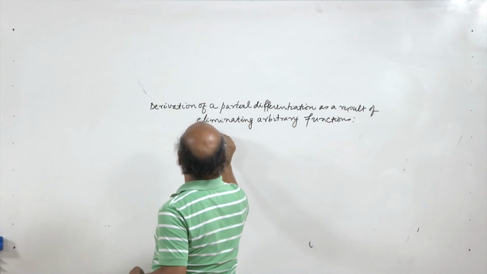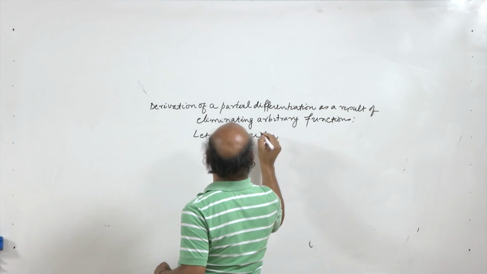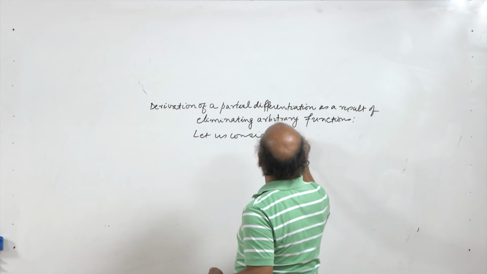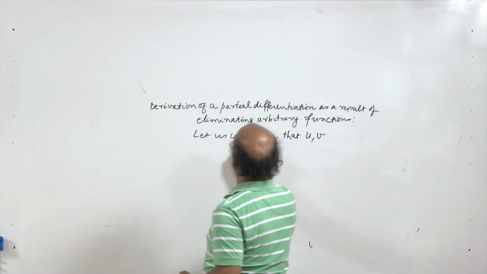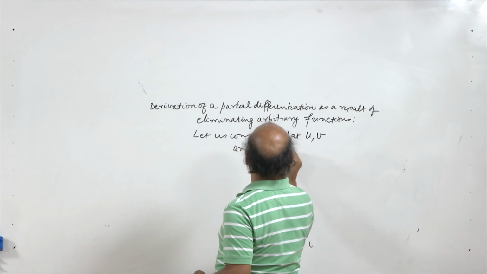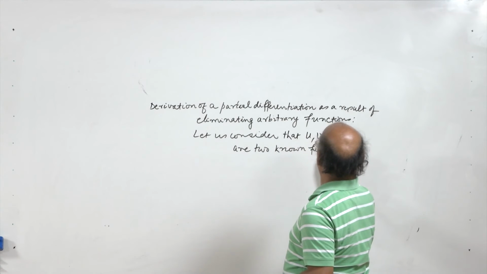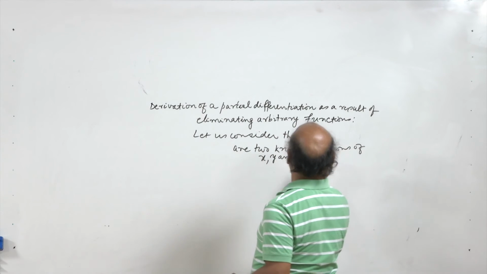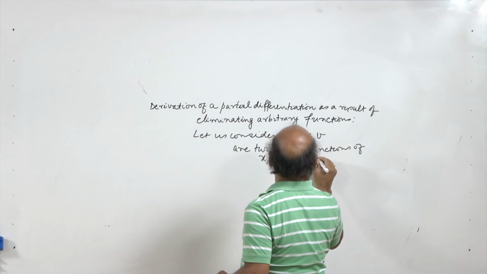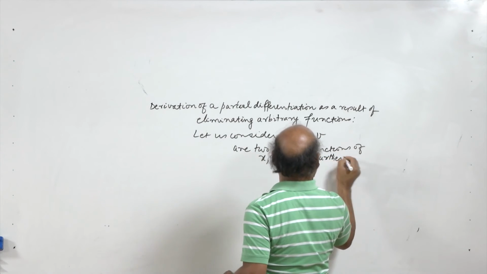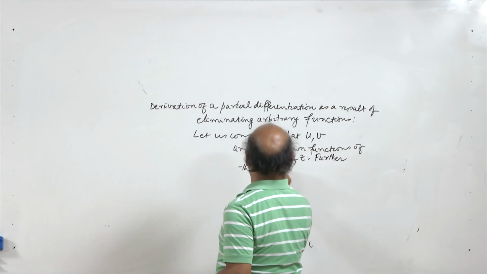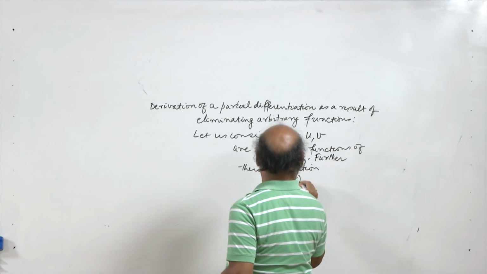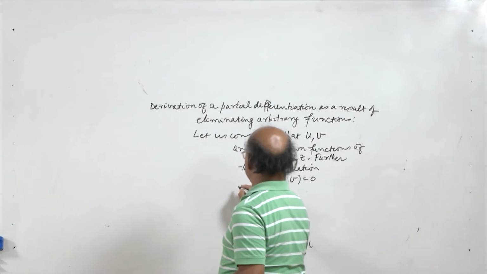Let us consider that u and v are two known functions of x, y and z, and further there is a relation phi(u, v) equal to 0, where phi is an arbitrary function.